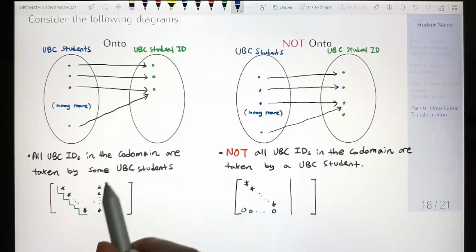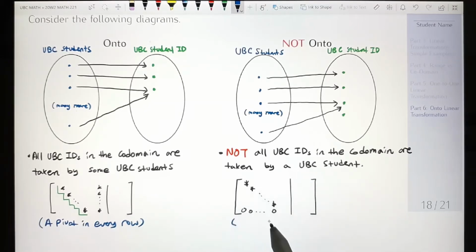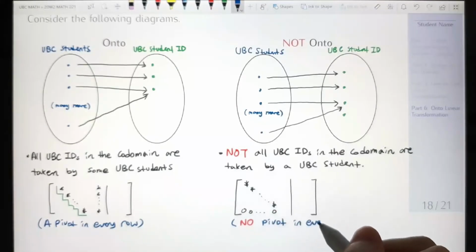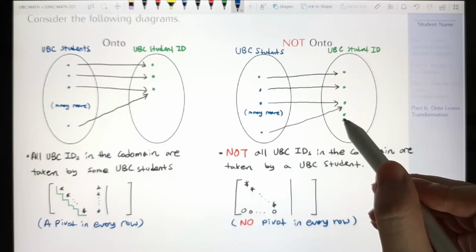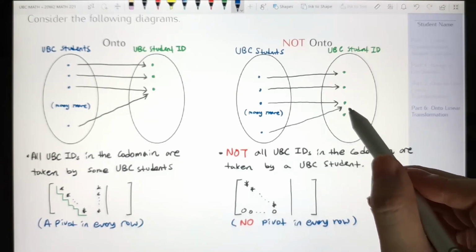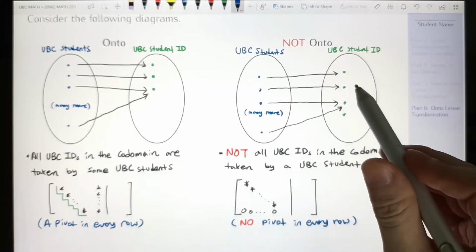So whenever we talk about onto, you're going to find a pivot in every row. For not onto, no pivot in every row, to ensure that the system might be inconsistent if you are dealing with this kind of UBC ID in the codomain.